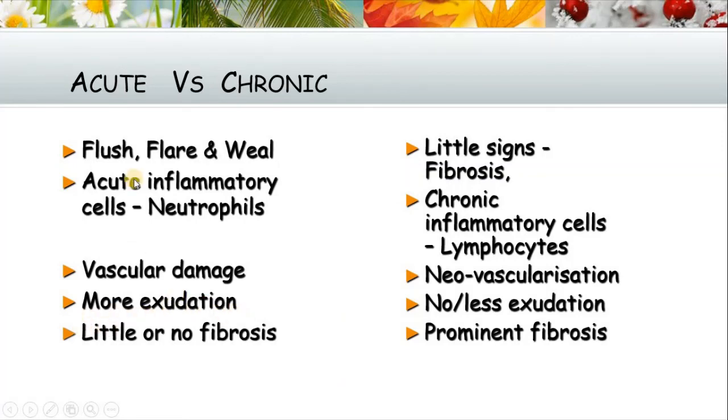Exudation is prominent in acute inflammation, which ultimately causes swelling, with almost no or less exudation in chronic inflammation. Whereas fibrosis is prominent in chronic inflammation, but there is little or no fibrosis in acute inflammation.